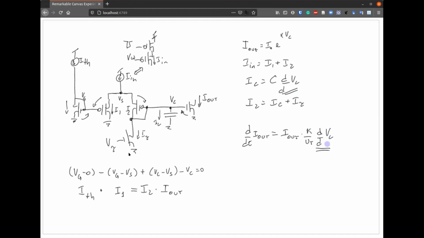Or if we want, we can put this dV dt in IC. So IC is equal to C times dV dt, which I'll rewrite as C UT over kappa, I out, using the dot notation for convenience. If you just put these two equations together, you get this equation here.